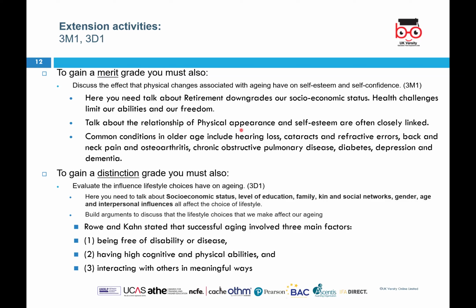If you want a distinction here, you would also want to evaluate the influence that lifestyle choices have on aging. Here you would talk about socioeconomic status, level of education, family, kin, social networks, gender, age, and interpersonal influences, and how they all affect your choice of lifestyle.